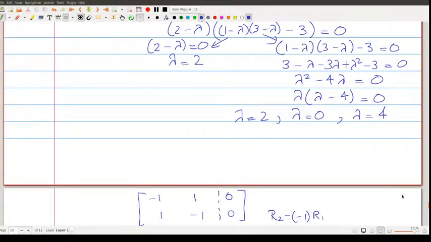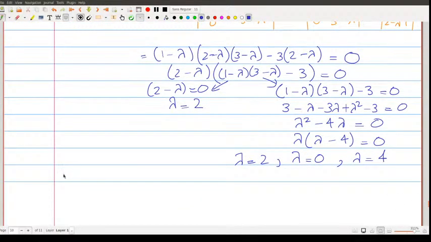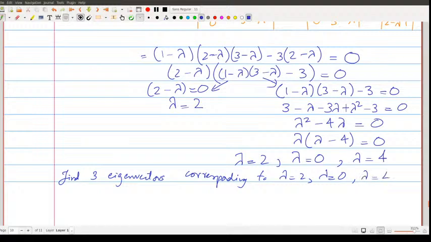So you have 3 eigenvalues, and now you can find 3 eigenvectors corresponding to lambda equals 2, lambda equals 0, lambda equals to 4 by solving these 3 equations. So first you need to solve A minus 2I times x equals 0.